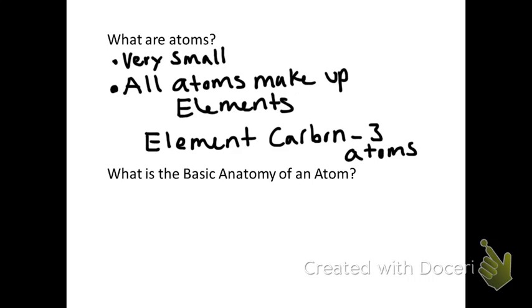So what are the basic component parts of an atom in the first place? Well, first of all, the atom is composed of 3 subatomic particles: the proton, the neutron, and the electron.